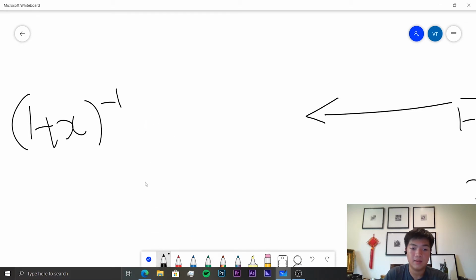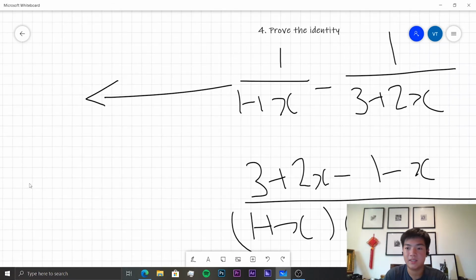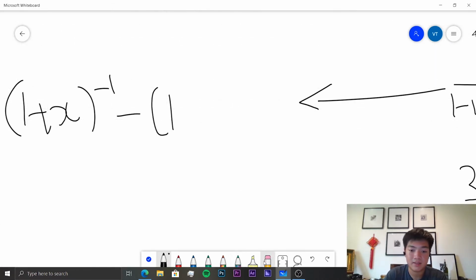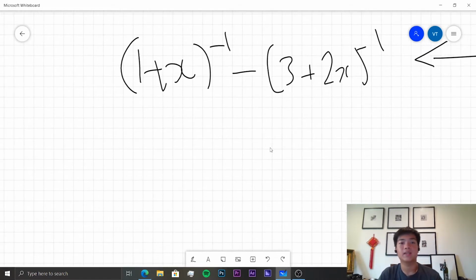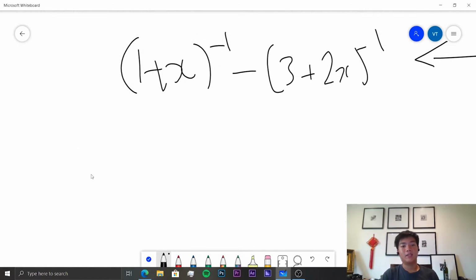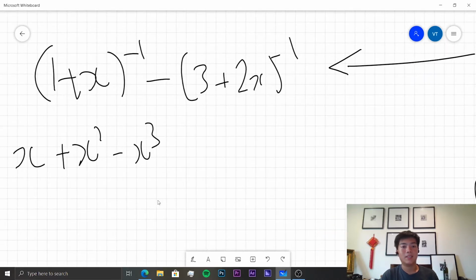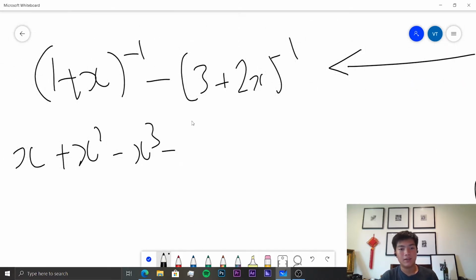Okay, it's 3 plus 2x to the negative 1. So let's expand this. 1 plus x to the negative 1 is going to be 1 minus x plus x squared minus x cubed. Pretty simple expansion. We've covered it in a previous video.